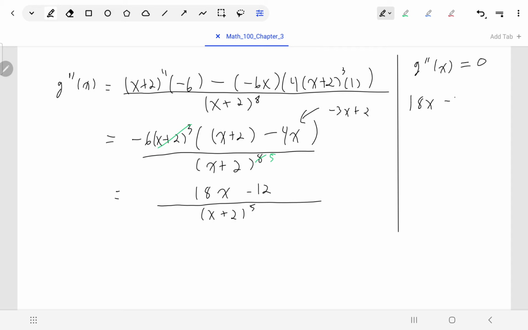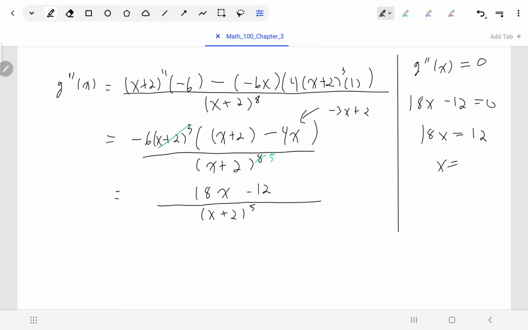So 18x minus 12 equals 0, and that gives me one single value for x where my second derivative is 0. So 12/18, or same thing as 2/3.